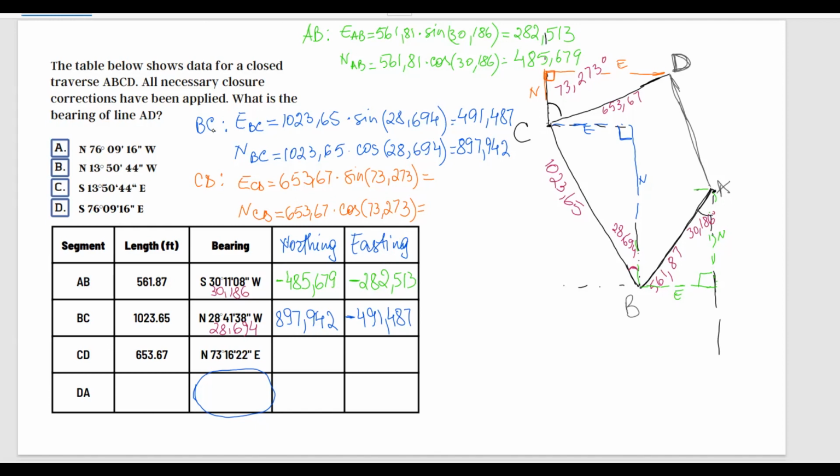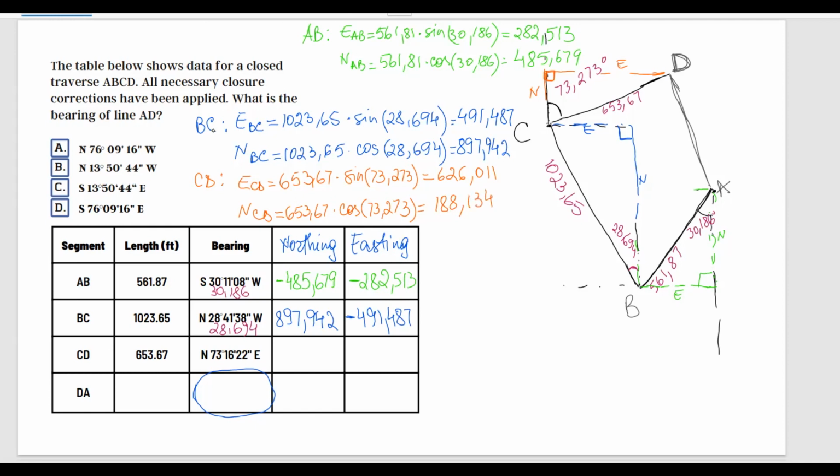I get a value of 626.011. And then northing, 73.273 cosine this time, multiplied by 653.67. The northing is equal to 188.134.